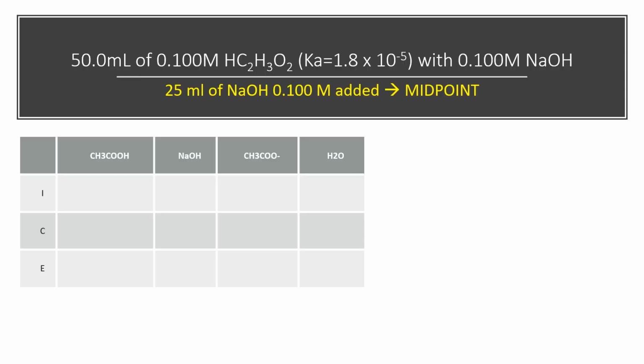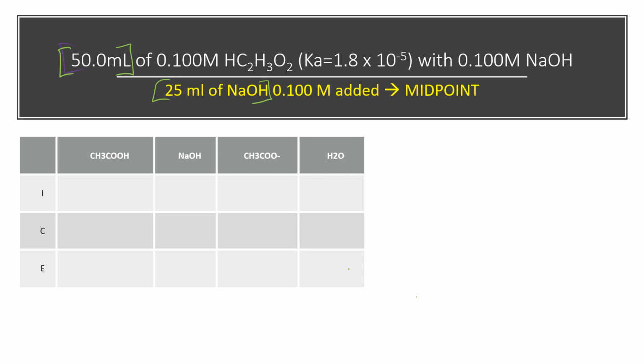Away we go. As always, we're starting from 50 ml of our acetic acid, and note that this time we're adding 25 ml of NaOH to get to the midpoint. Why is that?